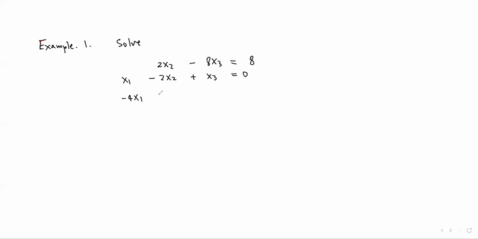Negative 4x1 plus 5x2 plus 9x3 is -9. Okay. Now we perform eliminations to transform the linear system into an upper triangular form.